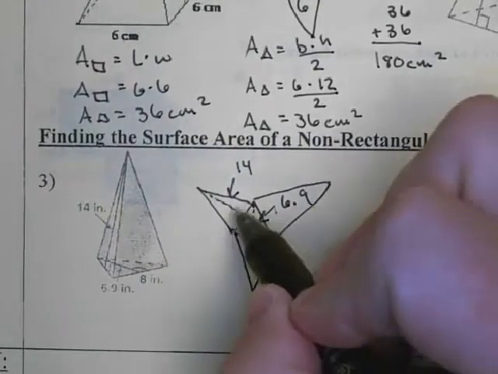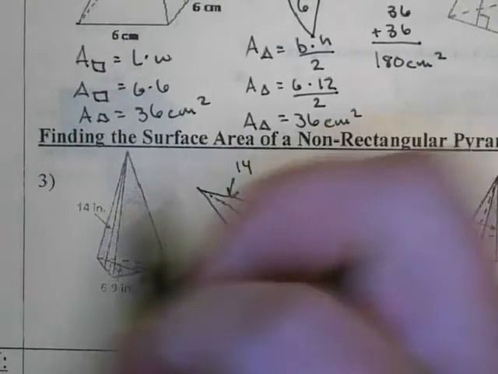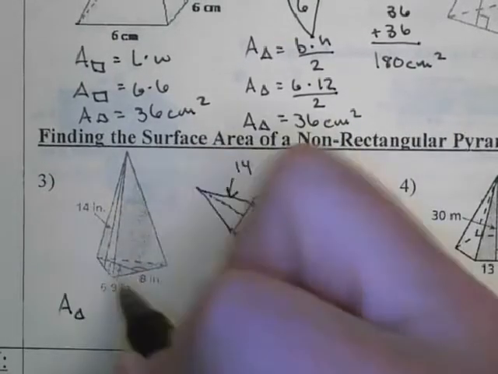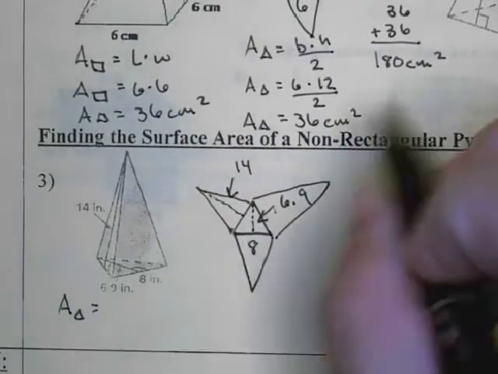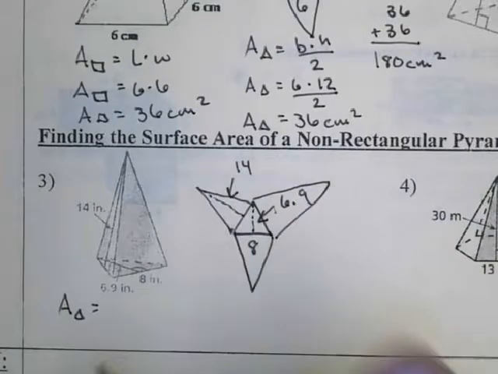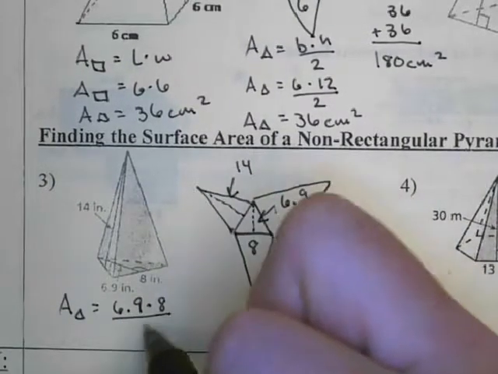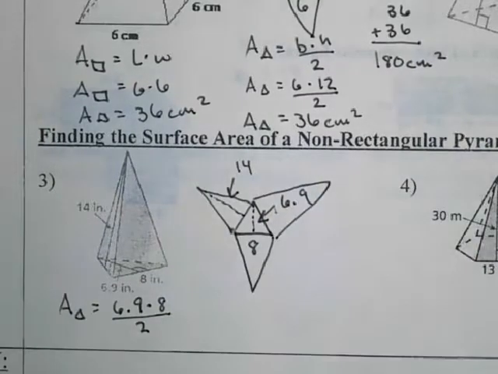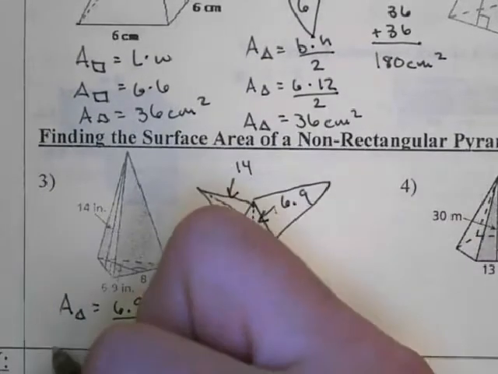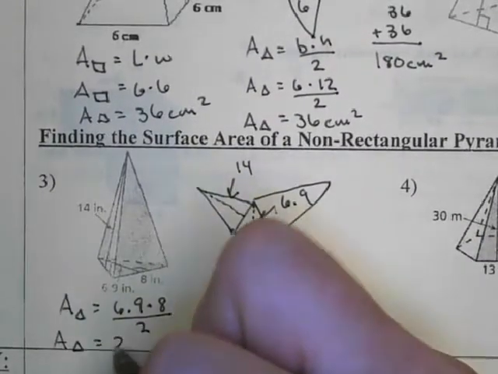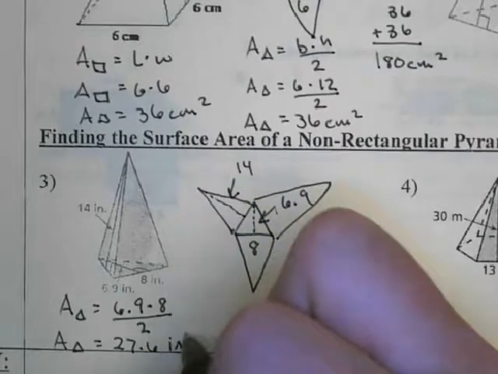So now we can just find the area of each triangle. Well, I know that the area of the base triangle will be base times height divided by 2. So 6.9 times 8 divided by 2, which will equal 27.6 inches squared.